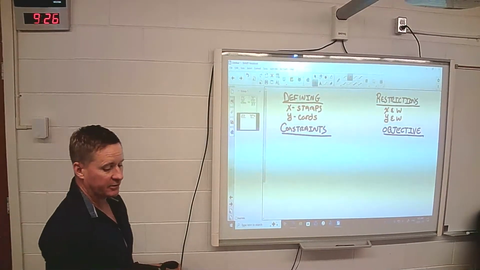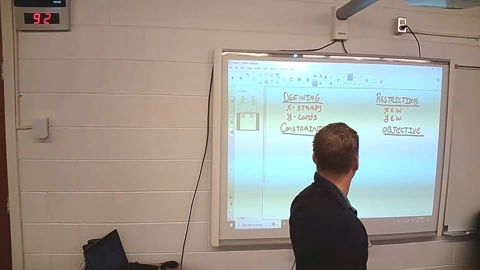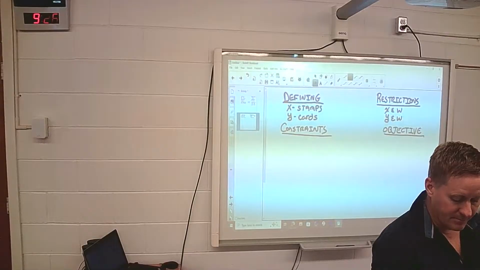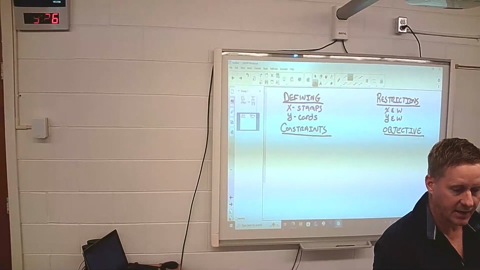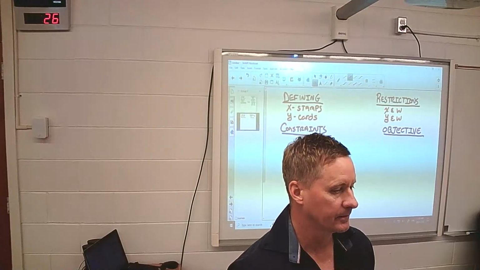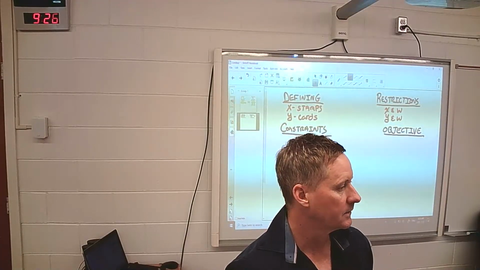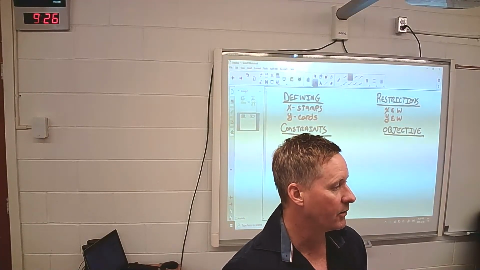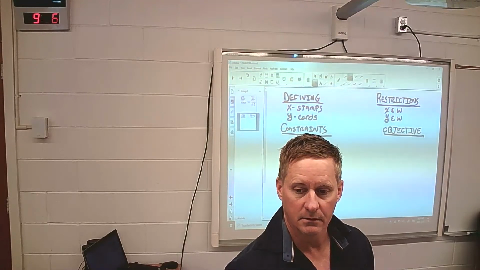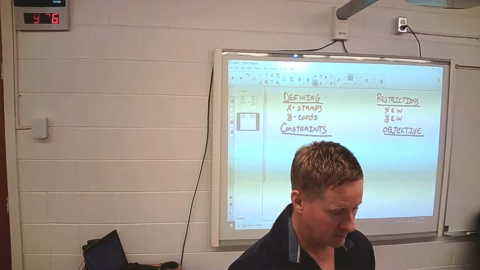So now we got to look at the constraints. That's the next part. He has at most 100 stamps and at most 75 cards. So how do I show at most? How would I write out that statement? Maybe less than or equal to.